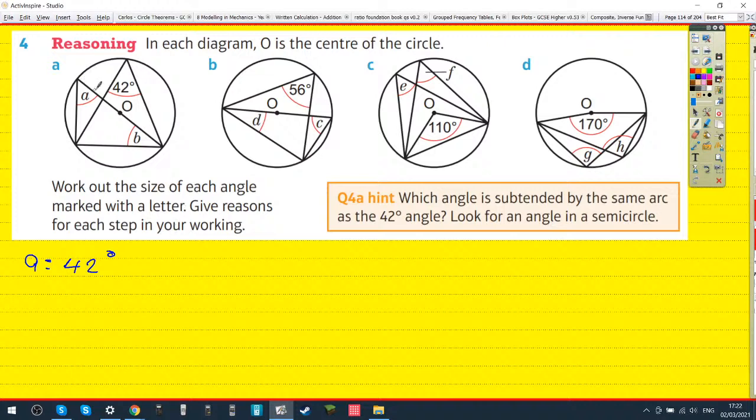And this is a diameter. Anything you know about that? It's double. So this here is 180. And so what do you know about the angle in the corner? It is double. That angle is 360.